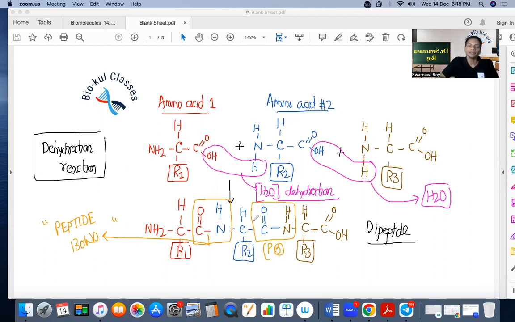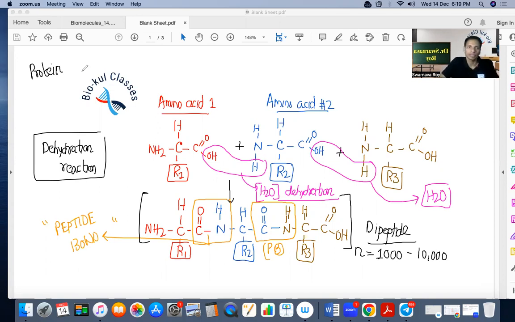A protein is formed like this. A protein has thousands of amino acids. So if you draw a protein, we can draw a third bracket and put N, where N can be 1,000, or even more than that. It can be even 10,000.